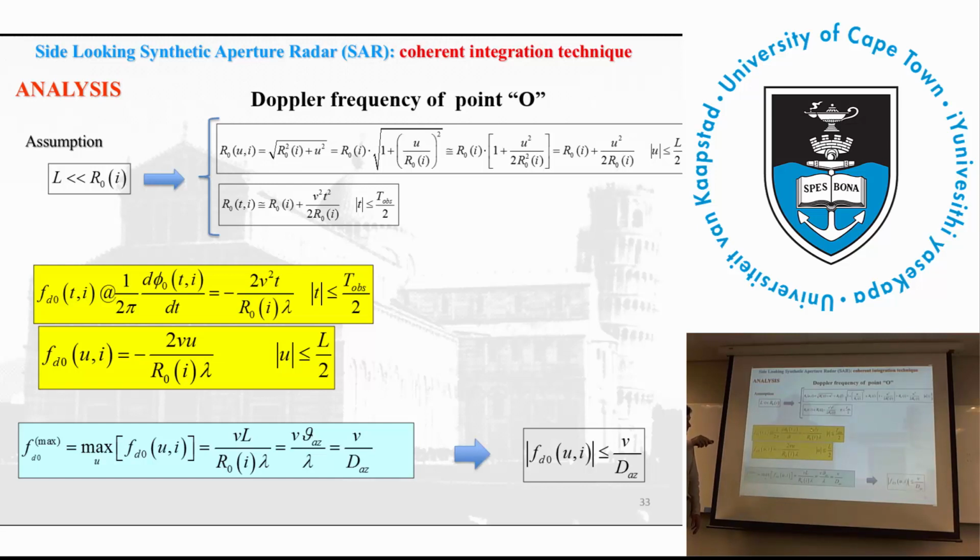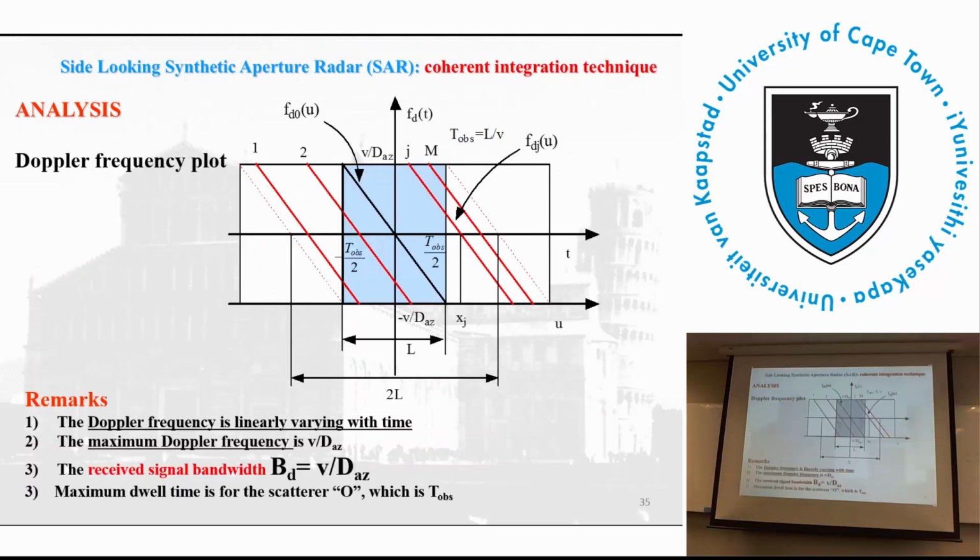That means that I have a negative slope, and the slope is defined by this term here, and t is my variable. So I've got like a minus a times t, where a is positive. So I've got a negative slope. If I look at it, the black one goes from here down to here. This slope here is determined by that particular term. So it's v squared divided by R0 times lambda.